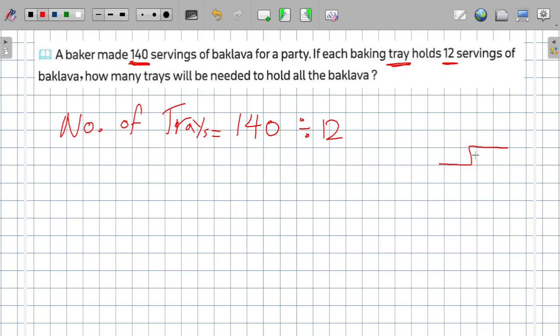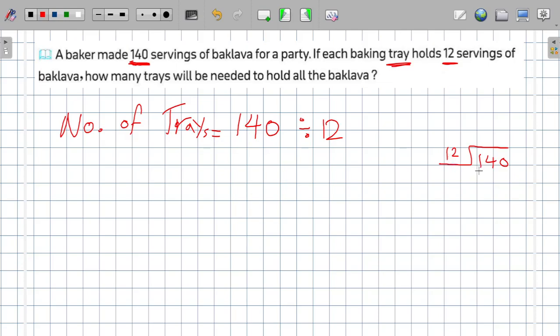I have 140 divided by 12. I think I will use the timetable of 12, but let's try to not use it. Okay, so I have 1 divided by 12.